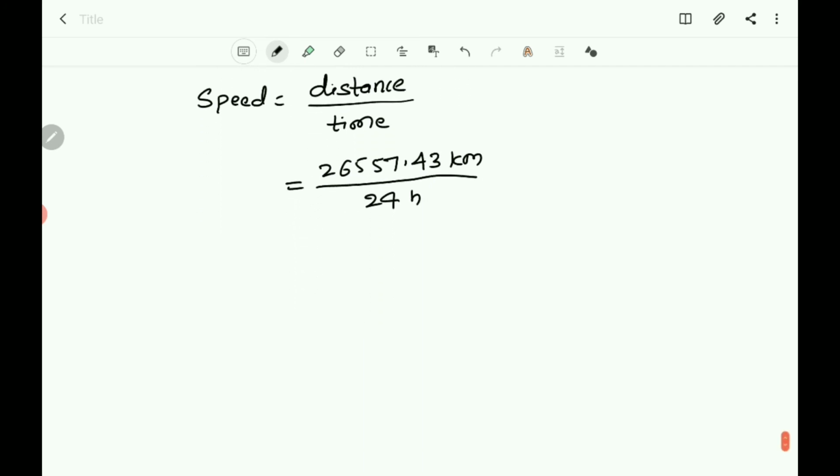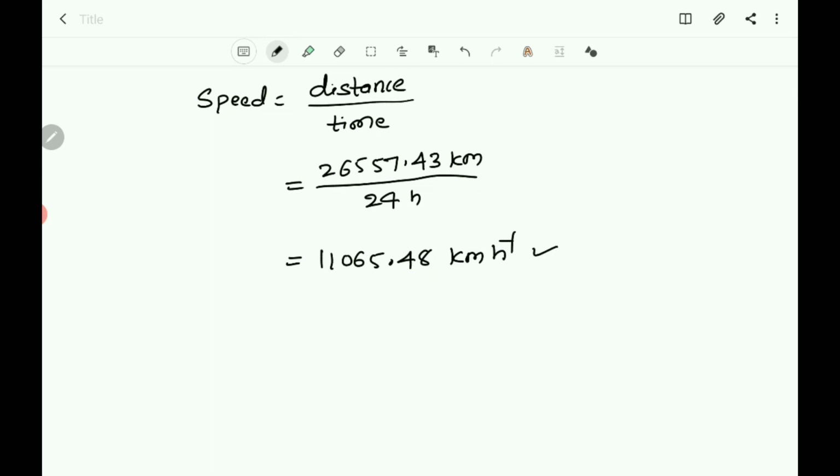So it becomes, if you divide it, you will get 11,065.48 kilometer per hour. You divide 2,65,571.43 by 24, you will get this value here.